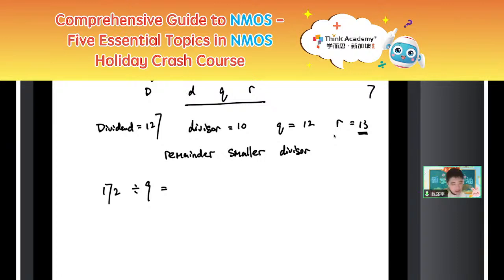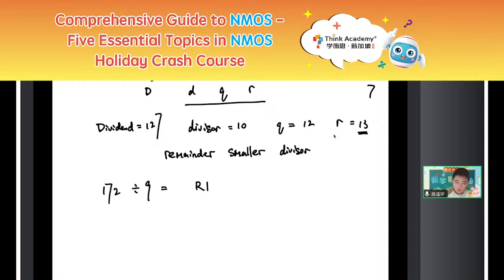Somebody help me calculate it. 172 divided by 9, you will get a remainder of 1.